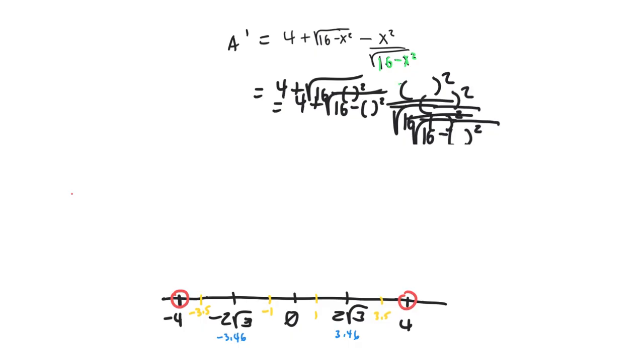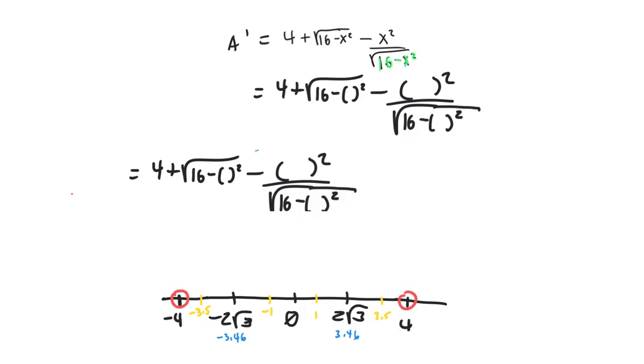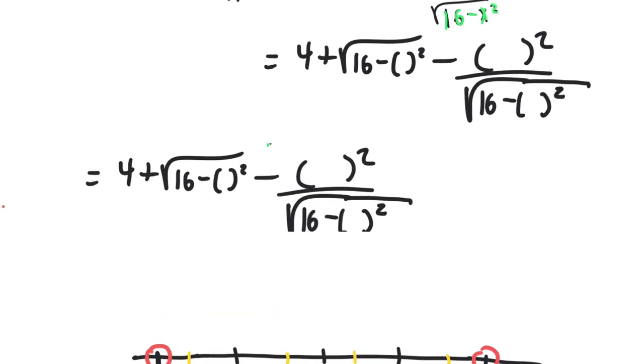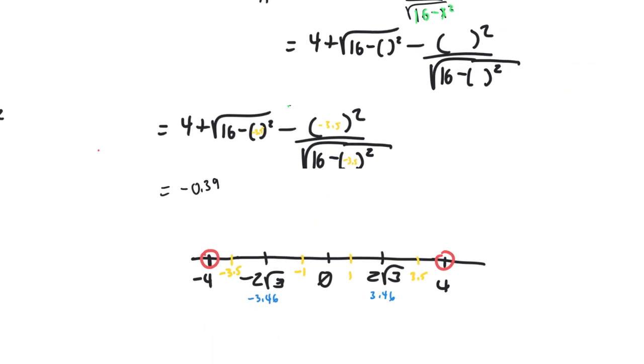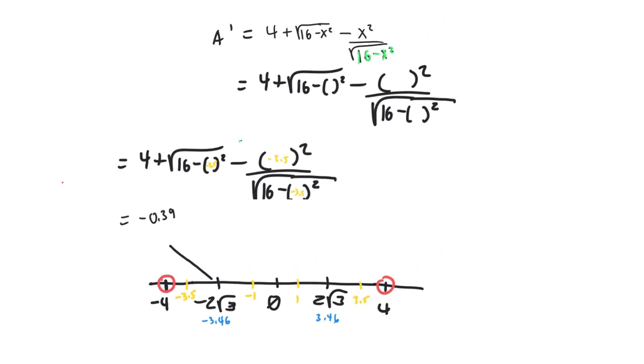So if we were to plug in this negative 3.5 here, when I put that in my calculator, I get negative 0.39-ish. So that means that this is going down here, right? That's a negative.